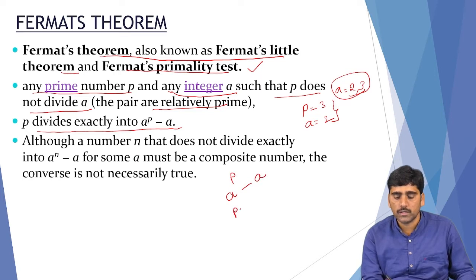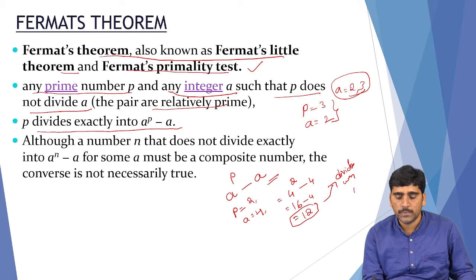Suppose you take p as the prime number 2 and a as the integer 4. Then a power p minus a is 4 power 2 minus 4, that is 16 minus 4, which is 12. 12 is divisible by the p value, which is 2. So p equals 2 divides 12.